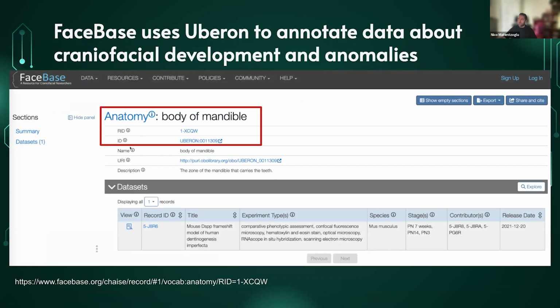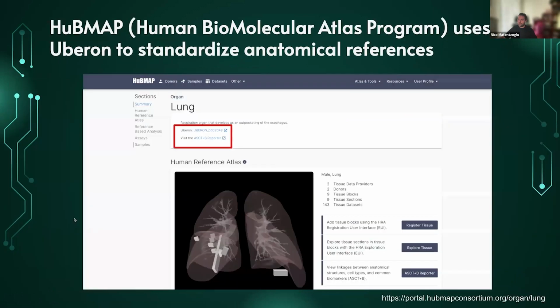FaceBase, which is using Uberon to annotate data about craniofacial development and anomalies. So you can see here the data sets that are being indexed using Uberon terms. You can search for all the data sets based on Uberon anatomy terms, and they're all grouped under these pages again.